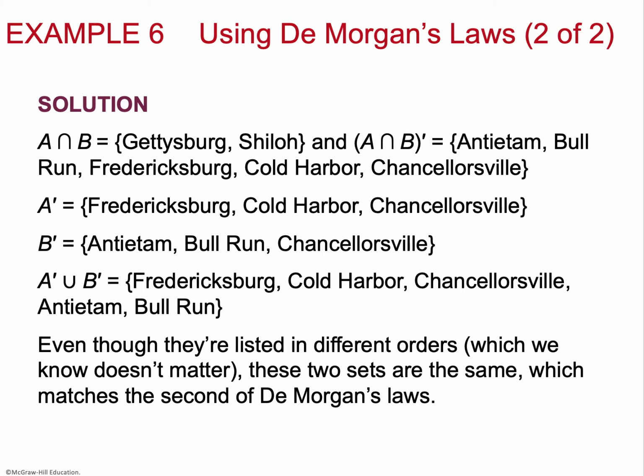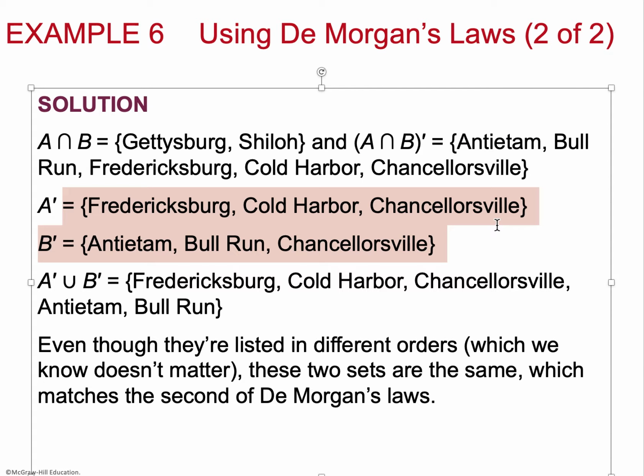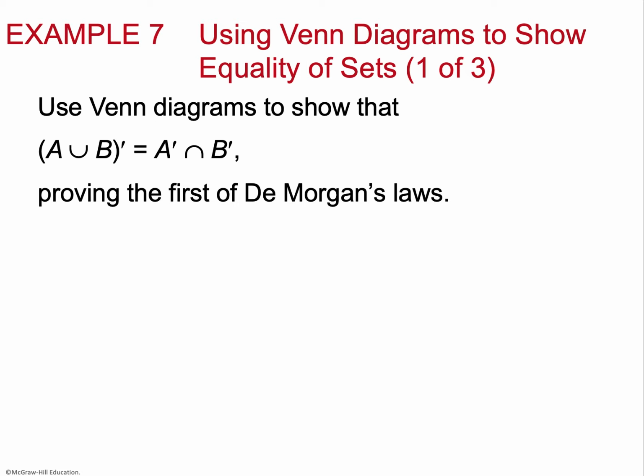The complement of that means to go back to that U set and cross out Gettysburg and Shiloh, which leaves you with this. Then if I say the complement of A, so what values in the universal set are not found in A, what values in the universal set are not found in B, and then find the list of both of those combined. And so I see I wind up in the same place.